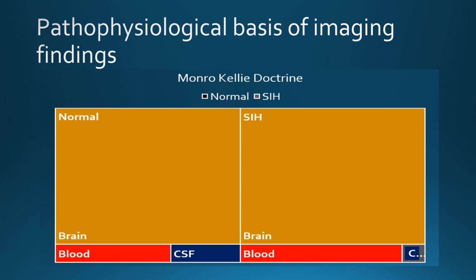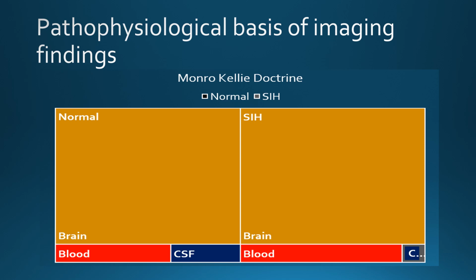Now, if you remember the intracranial pressure Monro-Kellie doctrine, the same pathophysiology applies for hypotension as well. The normal intracranial volume is largely comprised of brain, about 10 to 15% blood, and less than 10% CSF. So what happens in intracranial hypotension?